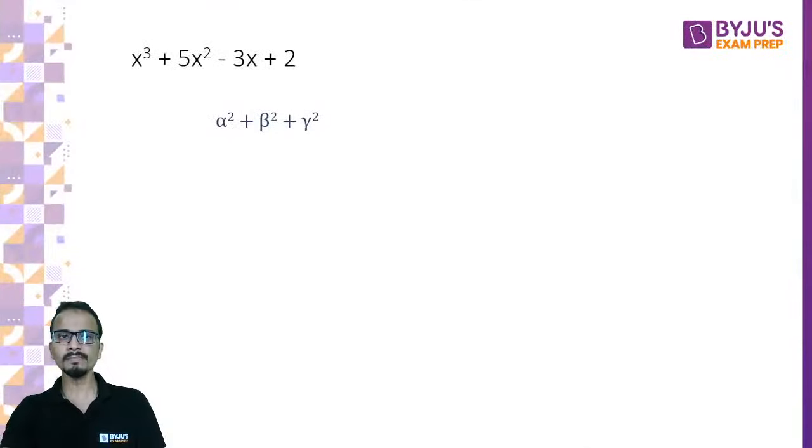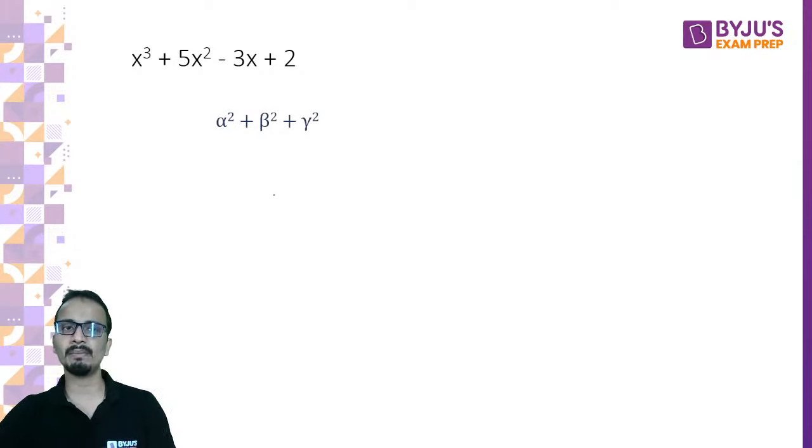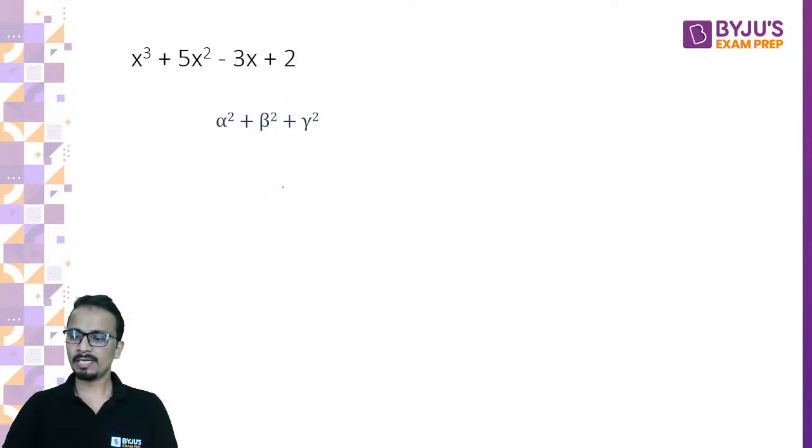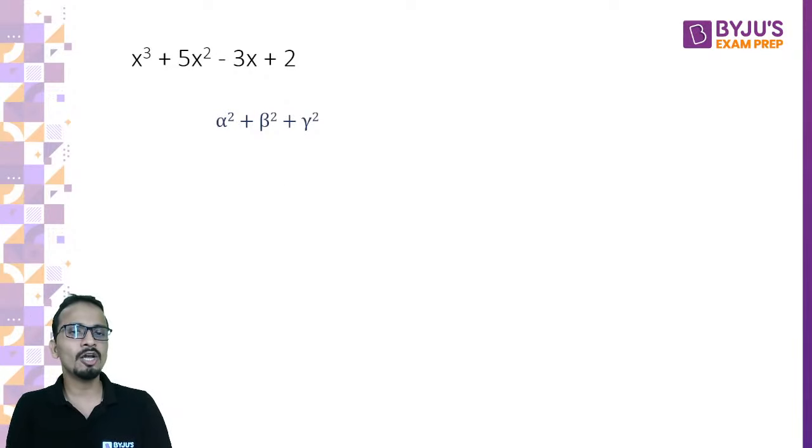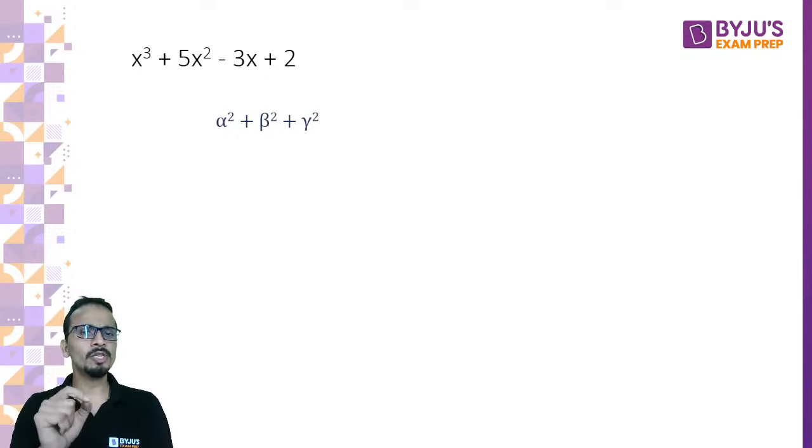I'll use the same equation, and now we have to calculate the value of alpha square plus beta square plus gamma square. If you have seen all my previous sessions, especially the last one on algebraic formulae, then you will not have any difficulty getting the answer.